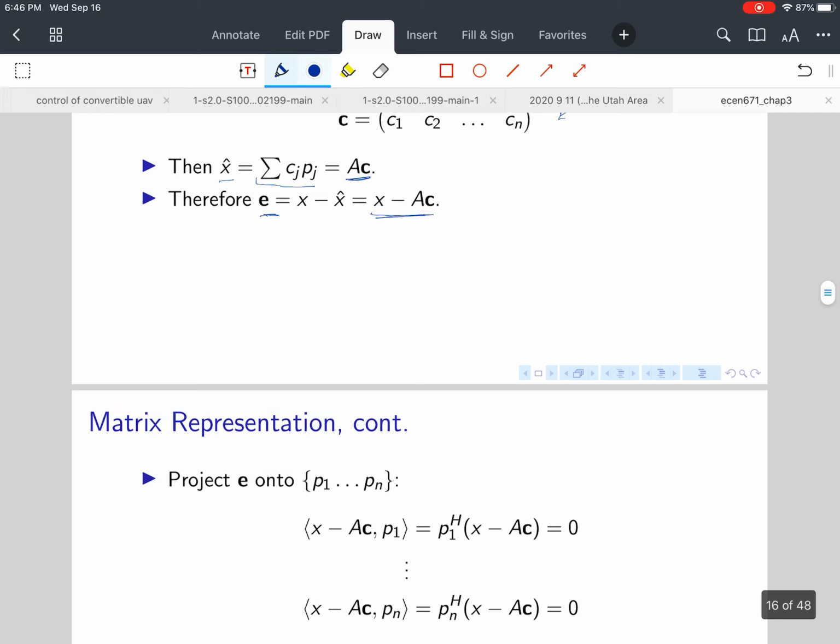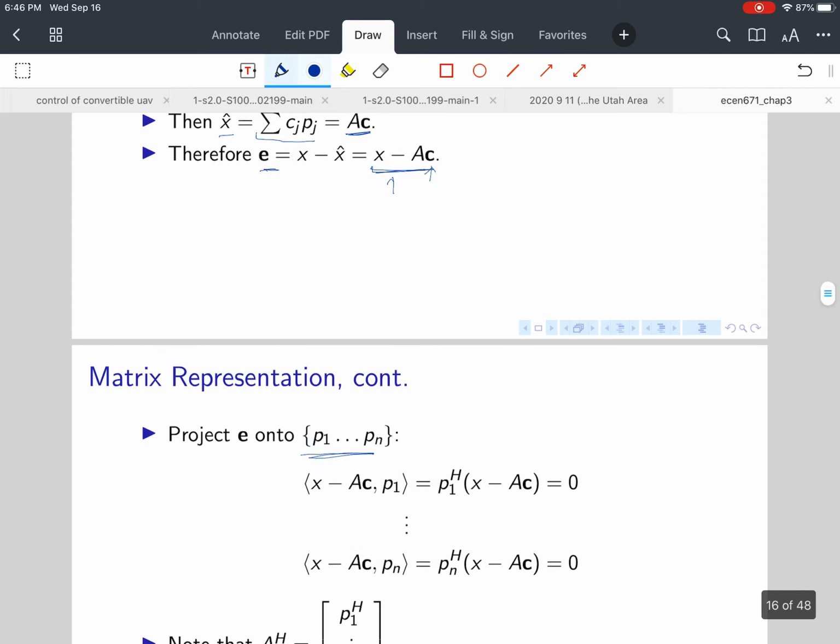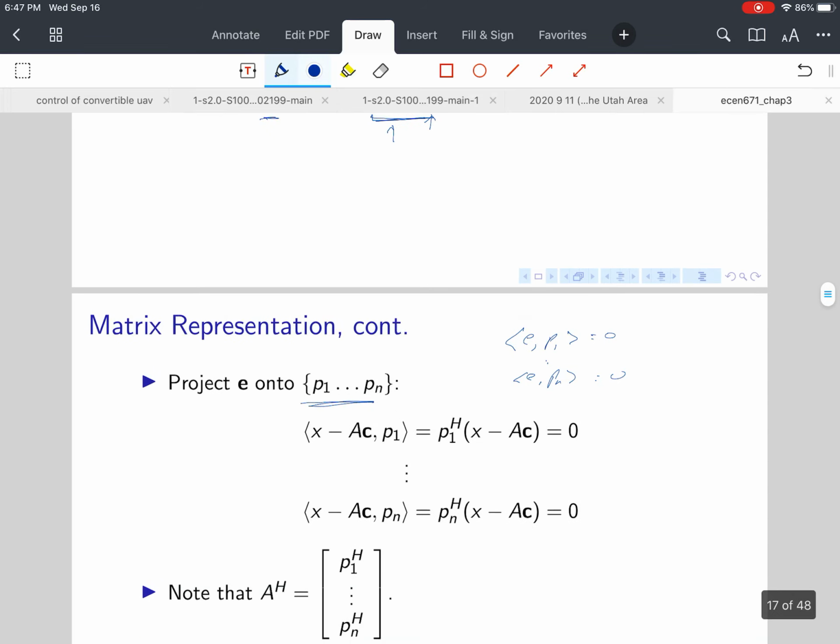All right, so the orthogonality theorem says that C is minimized when this error is orthogonal to all of the column vectors. So we can project E onto each of these column vectors, and it has to be equal to 0. That's the inner product of E with P1 down to the inner product of E with Pn equal to 0.